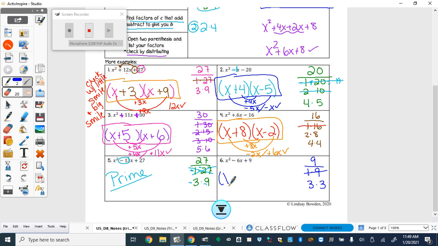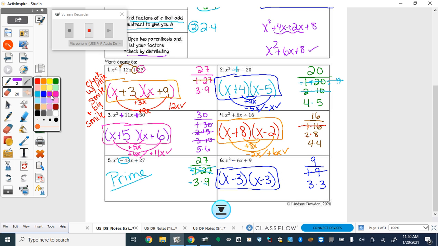So I want x minus 3 and then x minus 3. For our check, again, just to show you where that -6x comes from, little smile would be -3x. Big smile would also be -3x. Add those together and you get your -6x. So that's where those come from.